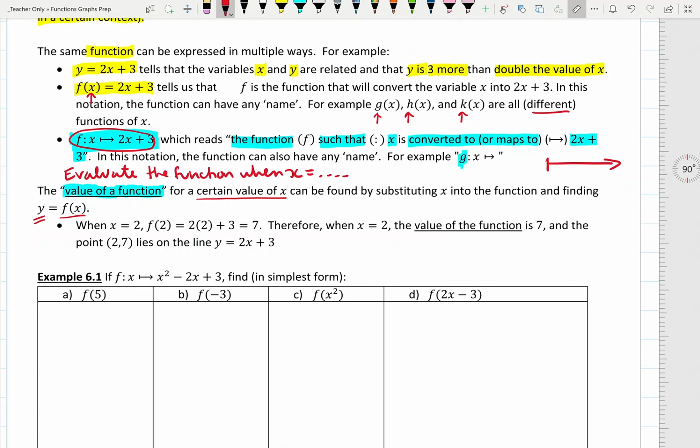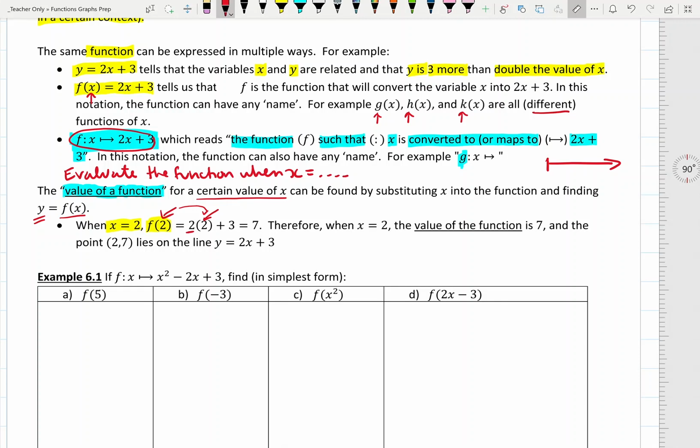Very simple example here. When x is 2, the function when x is 2, so we write that in, is 2. Now this 2 is part of the original function. This is from our variable. Notice the use of brackets. It just helps keep it really straight in your head which 2 belongs to the function and which 2 belongs to the variable.